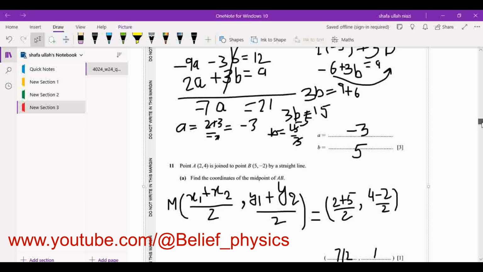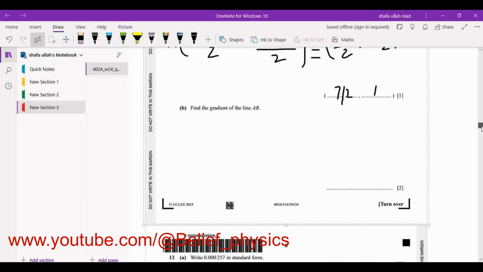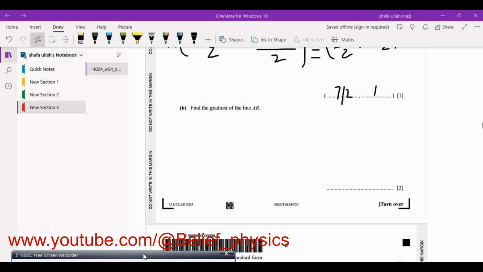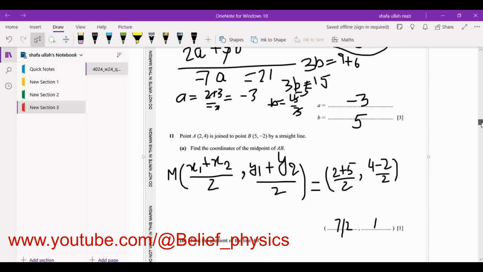Next is find the gradient of line AB, and it is very easy because A and B are given.